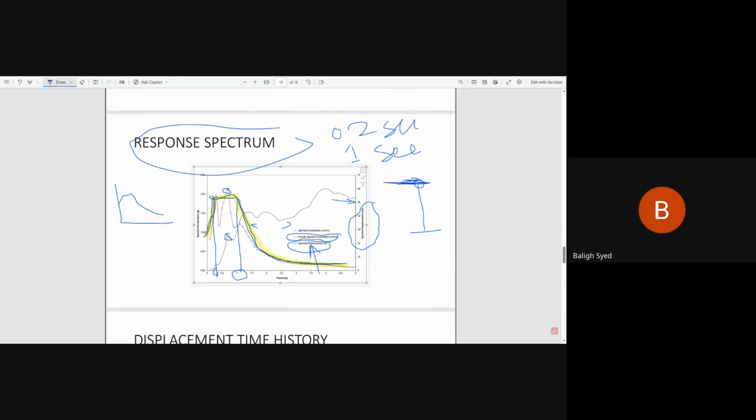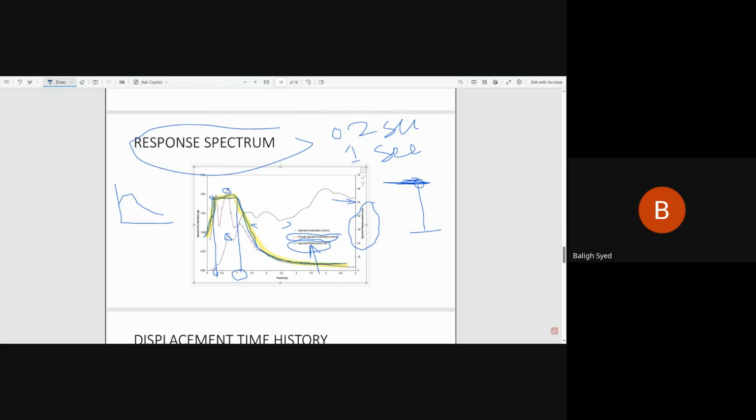At 0.2 seconds we got the peak acceleration, and also the highest elastic base shear of the structure. And at 1 second we get the peak drift and displacement, meaning maximum flexibility demand or peak velocity response.